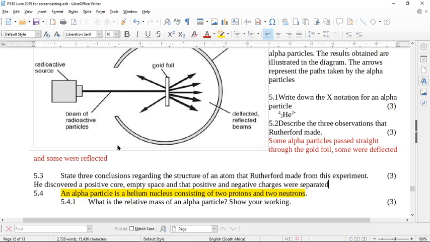Now it says to you, an alpha particle is a helium nucleus consisting of 2 protons and 2 neutrons, which is how we were able to write this down, okay? What is the relative mass of an alpha particle? Show your working. So a proton weighs 1 atomic mass unit. A neutron weighs exactly the same.